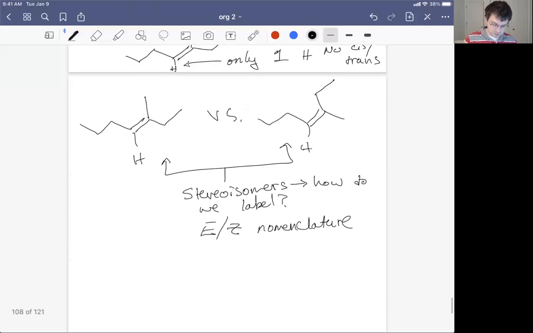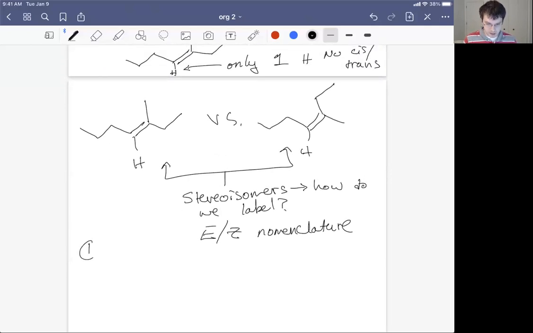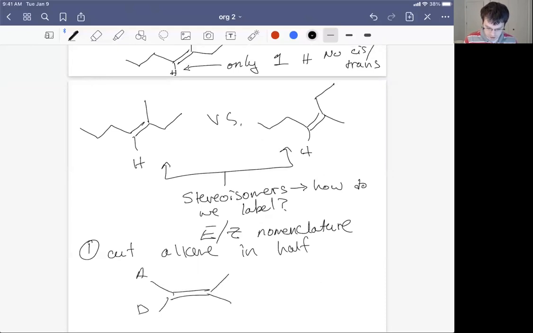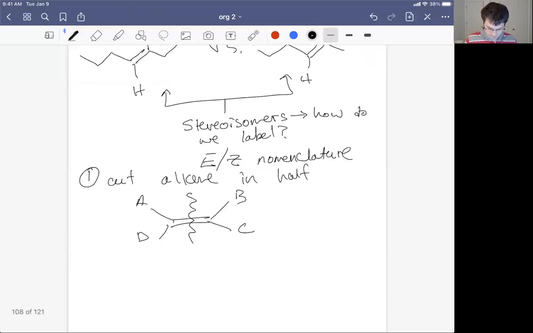So what we do is, step one, we cut the alkene in half. So if we cut the alkene in half and we've got 4 different groups attached to it, I guess, we cut it in half perpendicular to the carbon-carbon double bond. And then in step 2, we label 1 and 2 priorities.